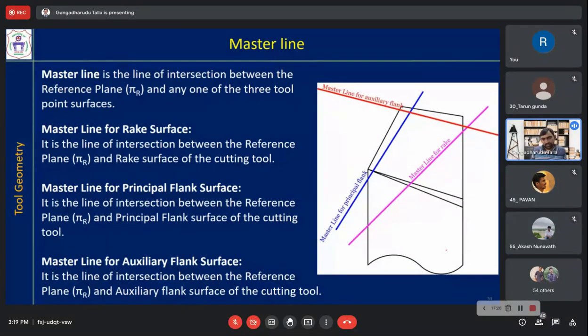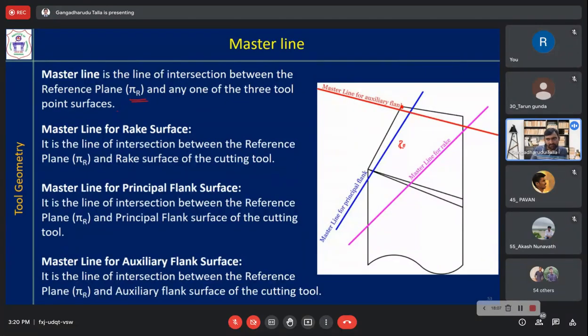Before that, we will understand what a master line is. Master line is the line of intersection between the reference plane pi r and any of the three tool point surfaces. What are the three tool point surfaces? These are the tool point or the tool tip. The planes containing the tip are all three surfaces.